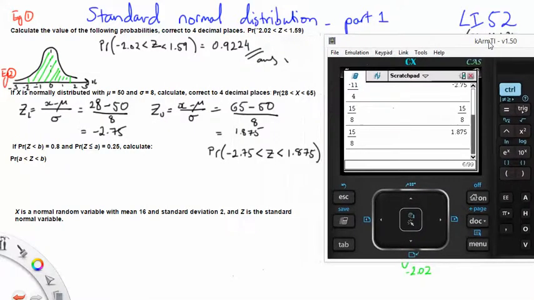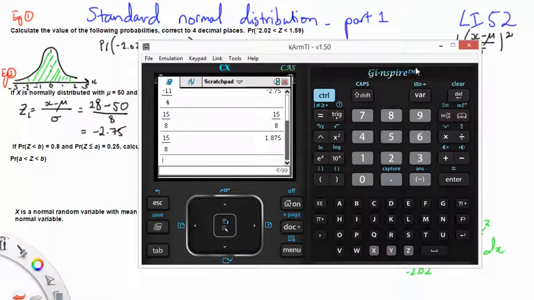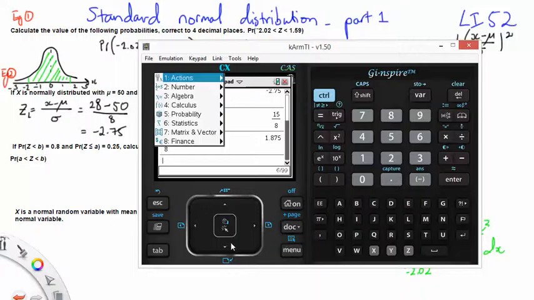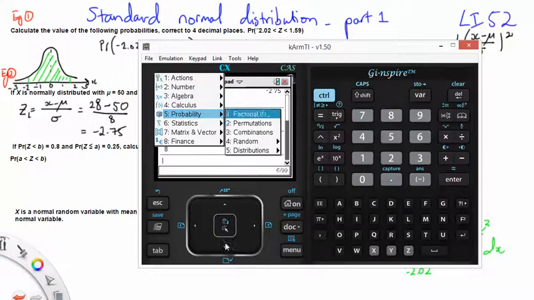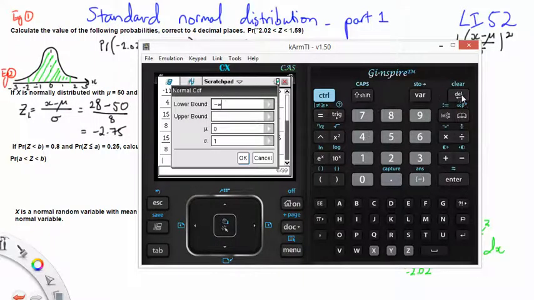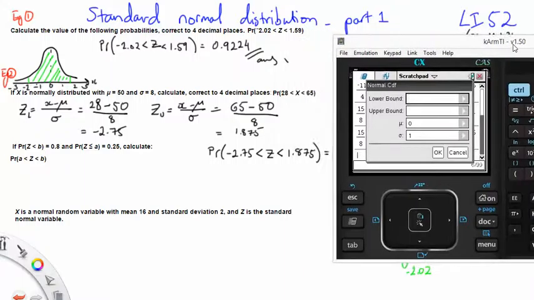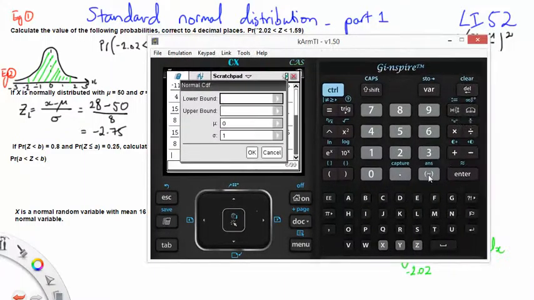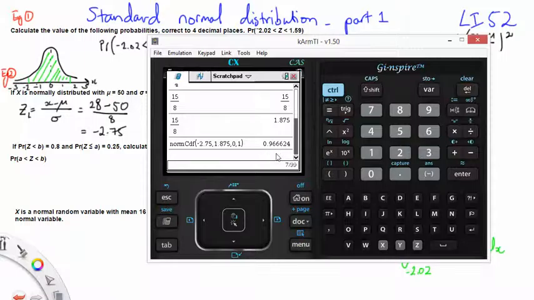Okay, so let's go to menu, probability, distributions, and we want the normal cumulative distribution function. This time we're going from negative 2.75 to 1.875. Enter. There we are, 0.9666.